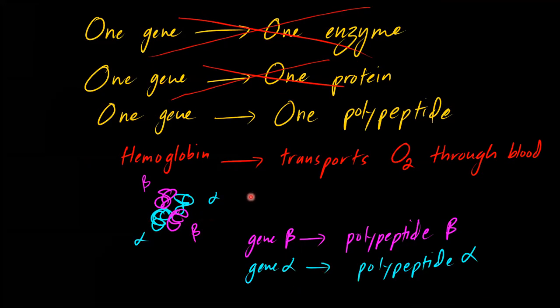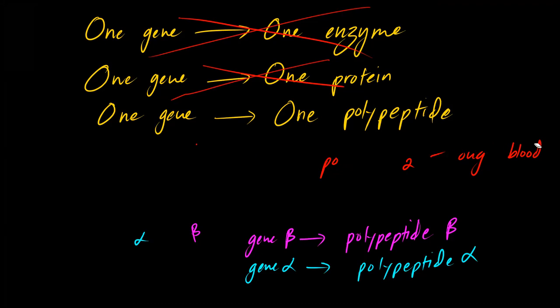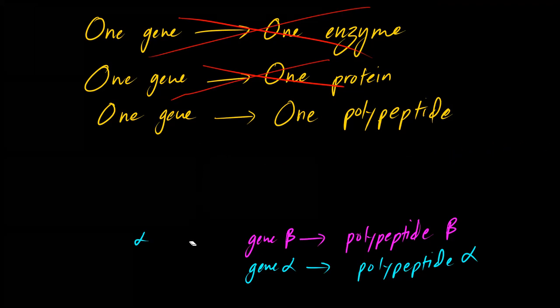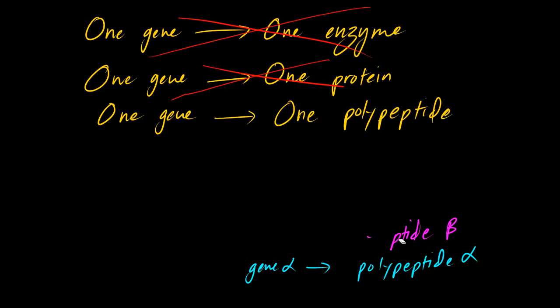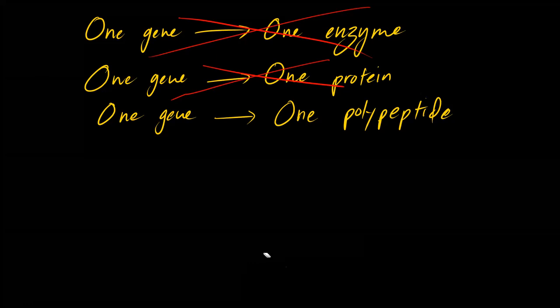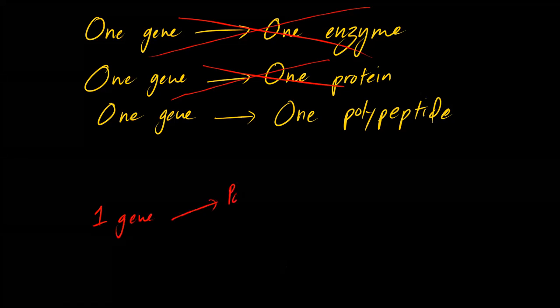Now, also later on, scientists discovered that for some genes, 1 gene might encode more than one polypeptide.